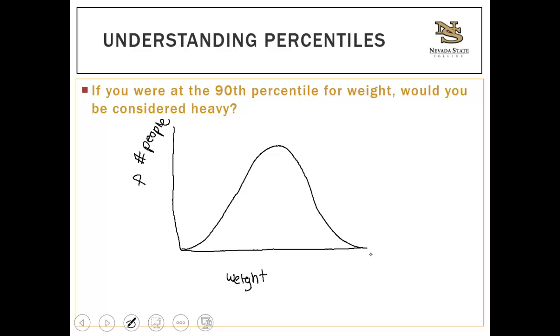Most people fall in the middle, and then we've got some who are really heavy and some who are really small. If you were at the 90th percentile, you'd be right around here or higher. And if you think about how we write our scores in our data set, we go from the lightest to the heaviest. So if you were at the 90th percentile, you would be considered heavy.